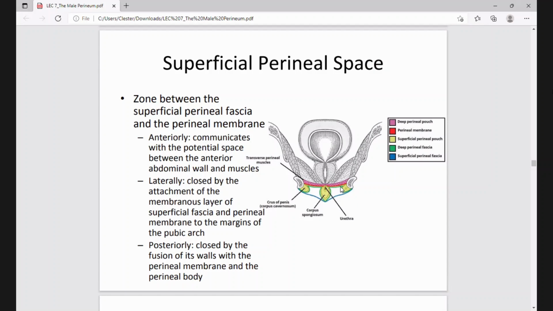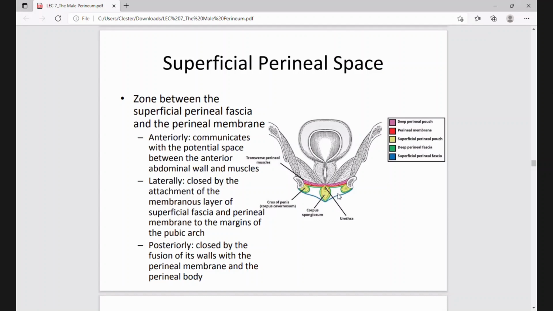Now, deeper to this, the deep layer of the superficial fascia, or deep layer of the perineal fascia, is this red line here. Red line na yan, that is the perineal membrane. The perineal membrane is the all-important demarcating layer between superficial perineal pouch and the deep perineal pouch here.